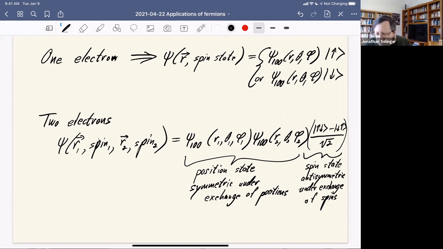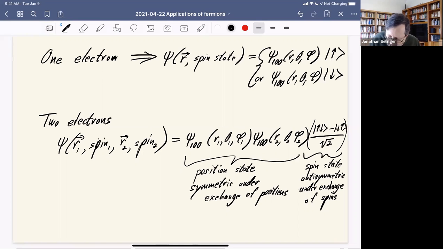Okay, so that means if you exchange the spin of number 1 and the spin of number 2, then instead of up, down, minus down, up, you get down, up, minus up, down. So that's the negative of what you had before. Okay?